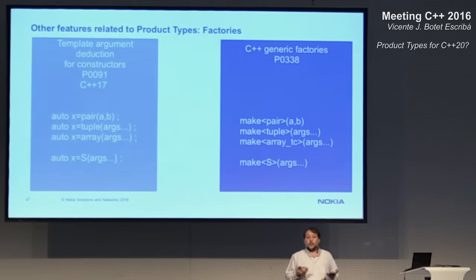But for constructors, we were not able to do that. And now we will be able to construct a pair just giving the two elements. We will deduce that A has a type, B a type, and we will construct a pair with the associated types.